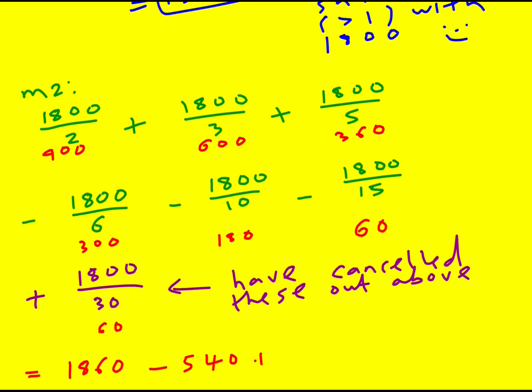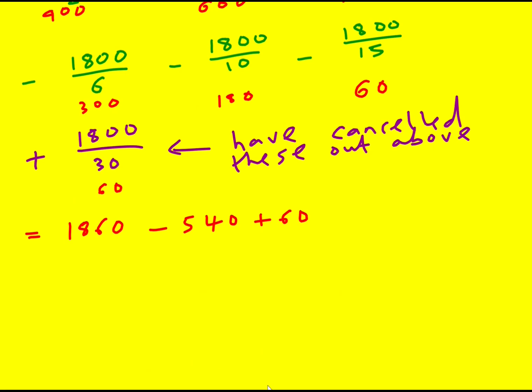And I just have to add 60 back on. That's going to be the same as doing 1,860 minus 480. Maybe that wasn't the best way to do it, which is going to give me 138. Is that right?